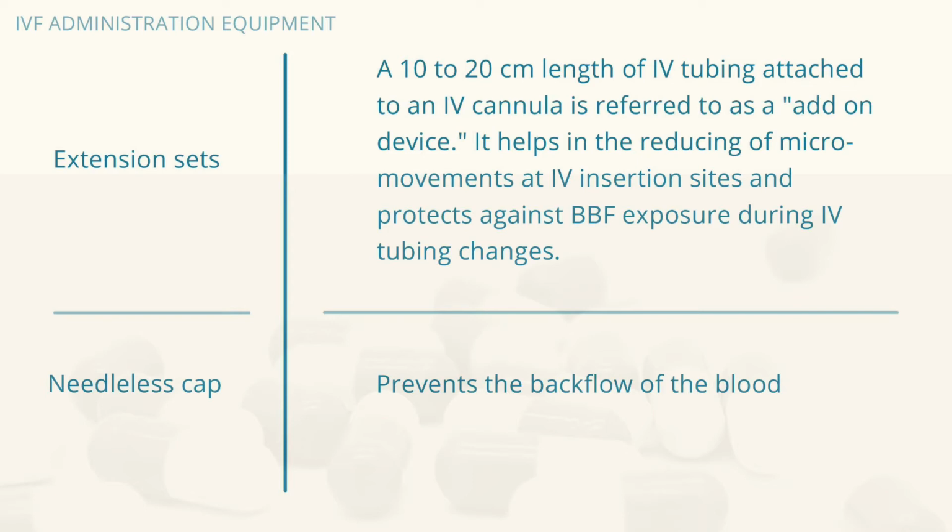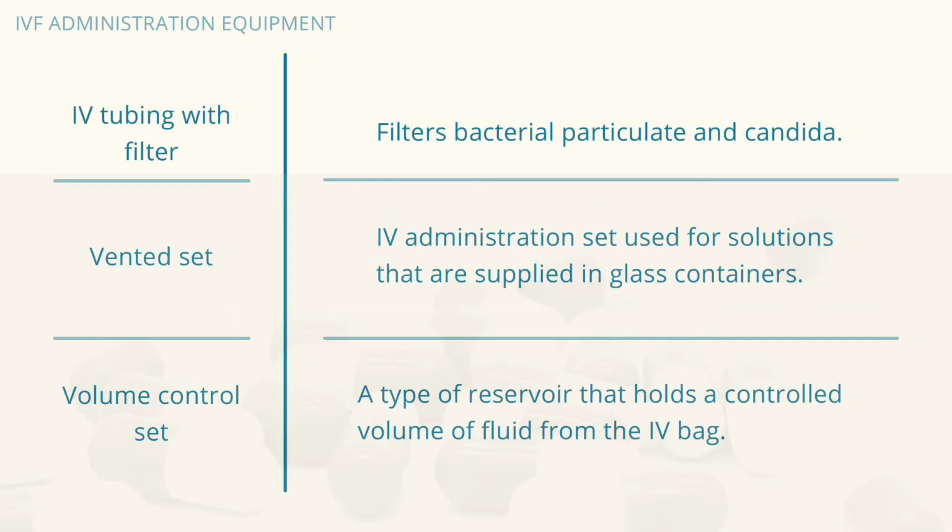It prevents the backflow of the blood. IV tubing with filter. Filters bacterial particulate and candida. Vented set. IV administration set used for solutions that are supplied in glass containers. Volume control set. A type of reservoir that holds a controlled volume of fluid from the IV bag.